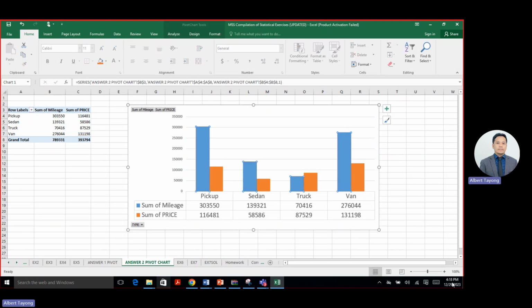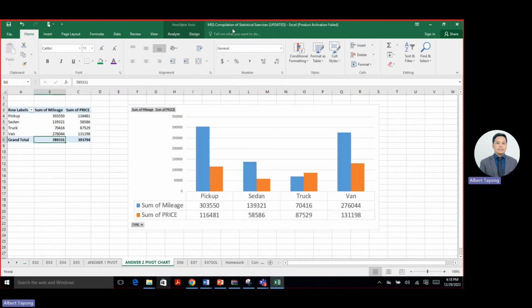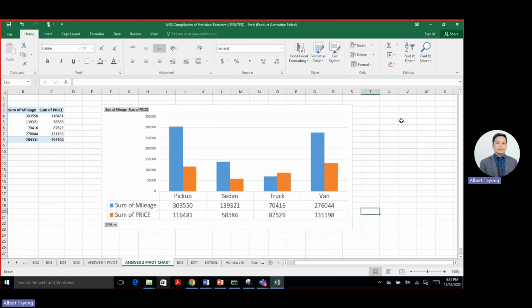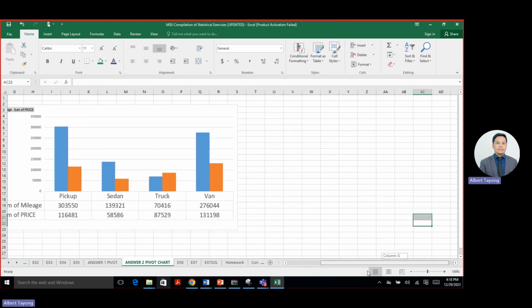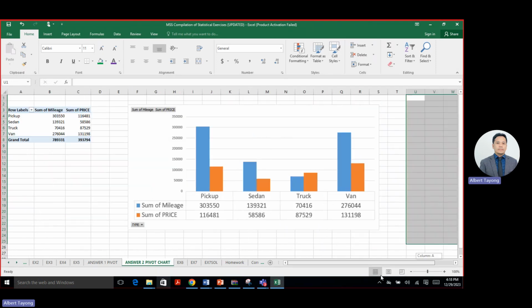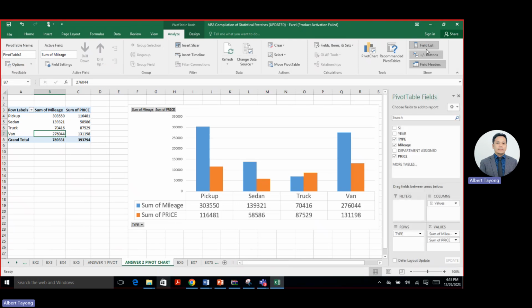Just keep on clicking. Now, sometimes this disappears. Of course, you can go to analyze and then click this one, because sometimes you cannot see the fields here. You might change the fields here. See here, we don't have them. Even if you go inside the table and click the graph, the fields that you ticked disappear. So what you're going to do is open Analyze beside this sign and click Field List.